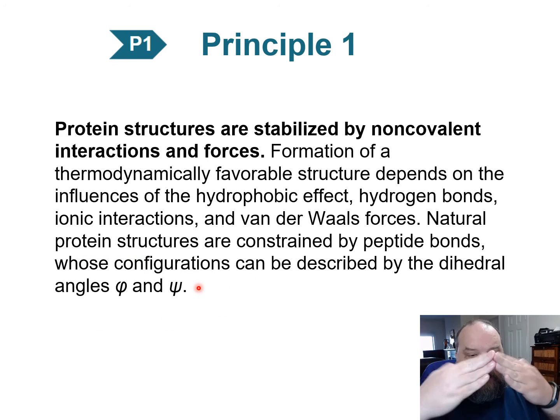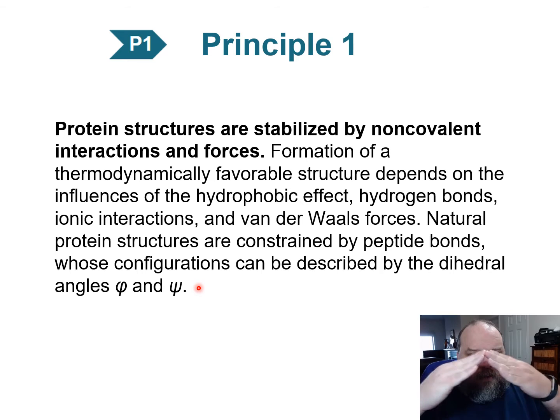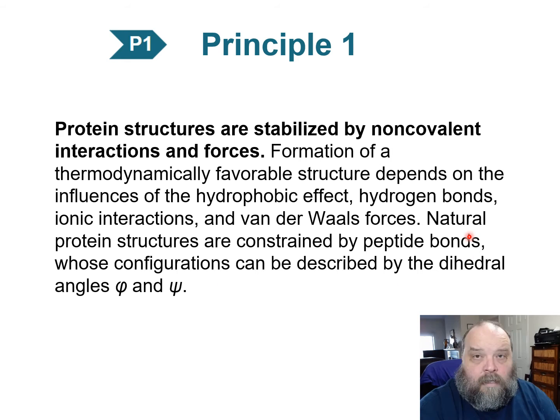Remember the phi and psi angles we talked about in class, where you have the alpha carbon and the planes of the carboxyl and the amino group and the neighboring amino acids, how they can rotate around the alpha carbon, which is acting as a chiral center.